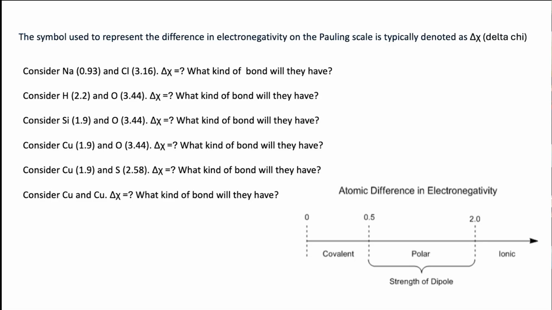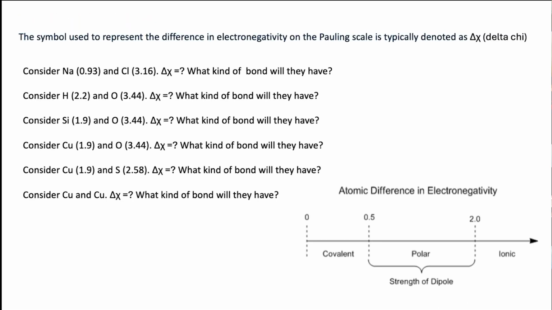What about copper and copper? Covalent. Yeah, it'd be pure covalent, right? Because they would have the same electronegativity. Okay, very good. Sorry for that confusion.